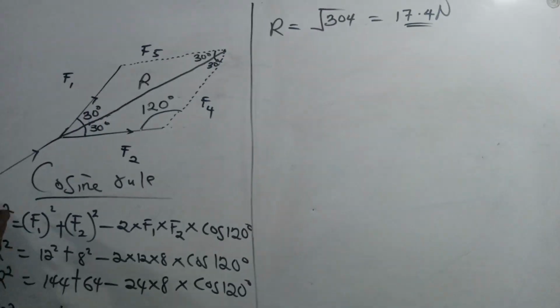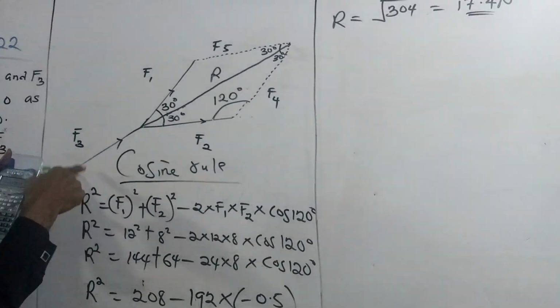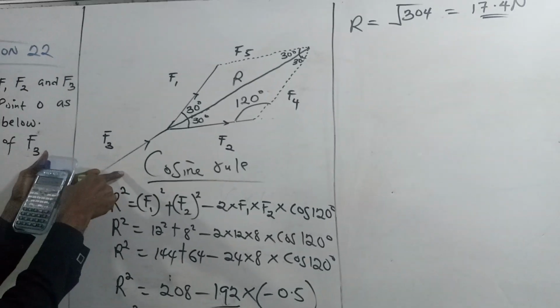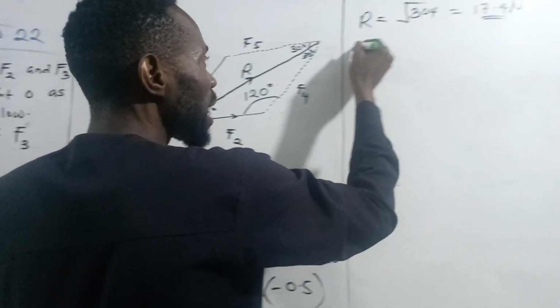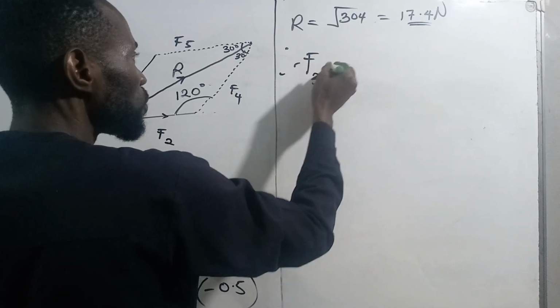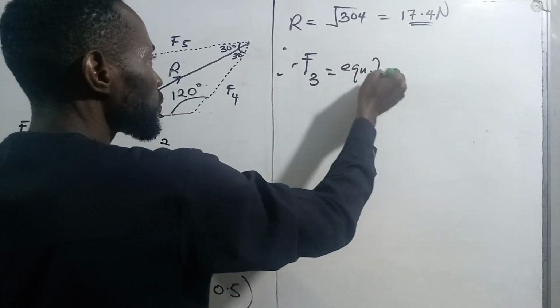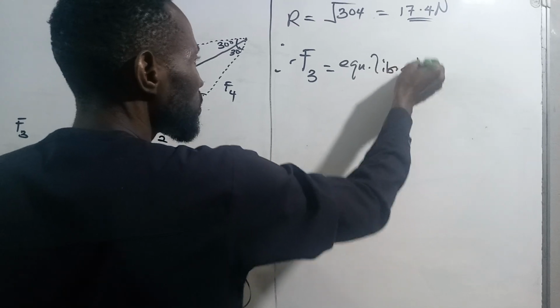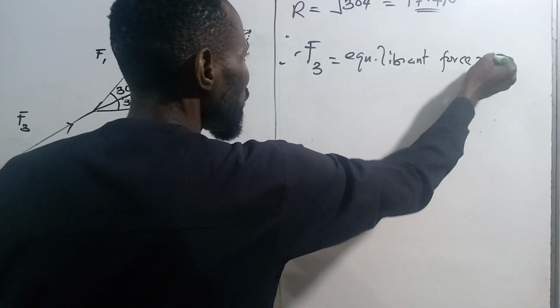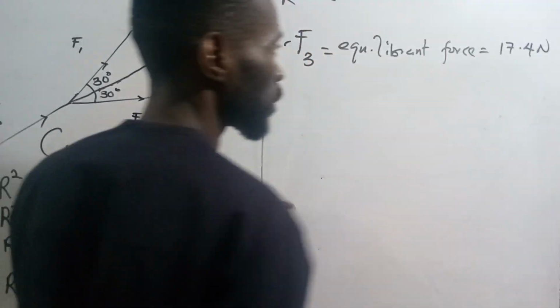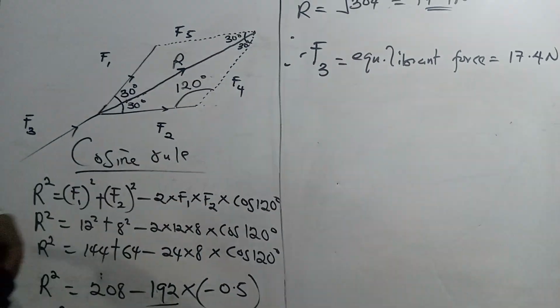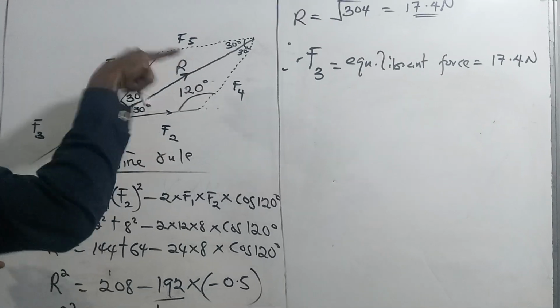But understand that this force here is the equilibrant force, and I said the equilibrant force is directly opposite the resultant force. Therefore, F3, which is equal to the equilibrant force, will be equal to 17.4 Newton. But remember, it is the direct opposite of the resultant.